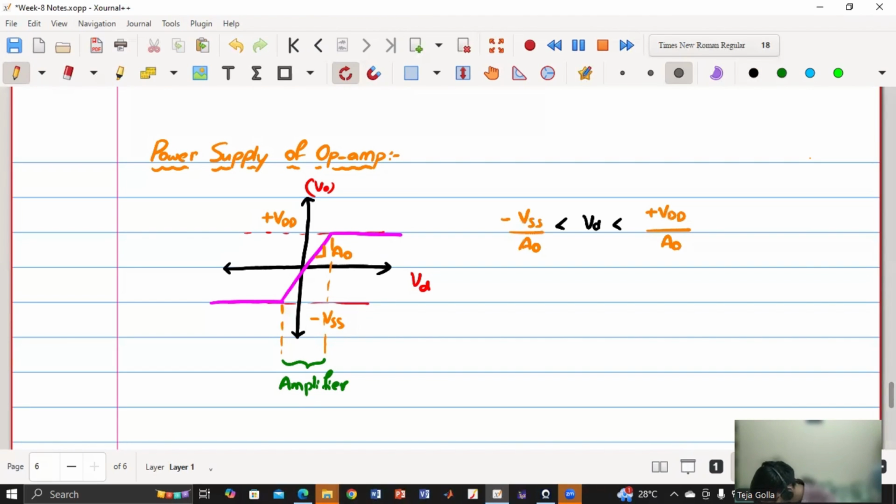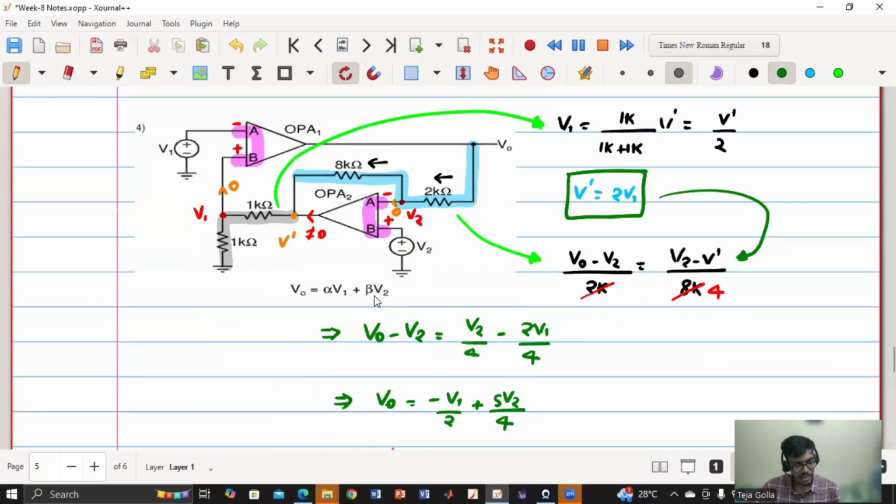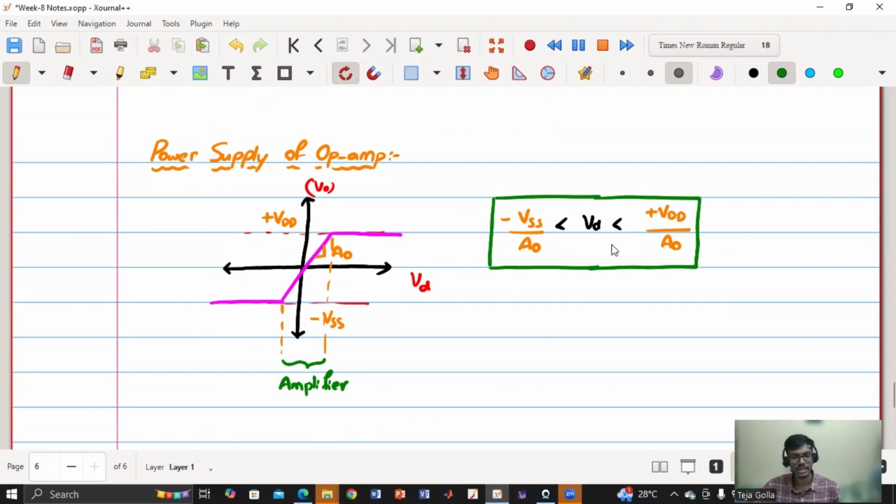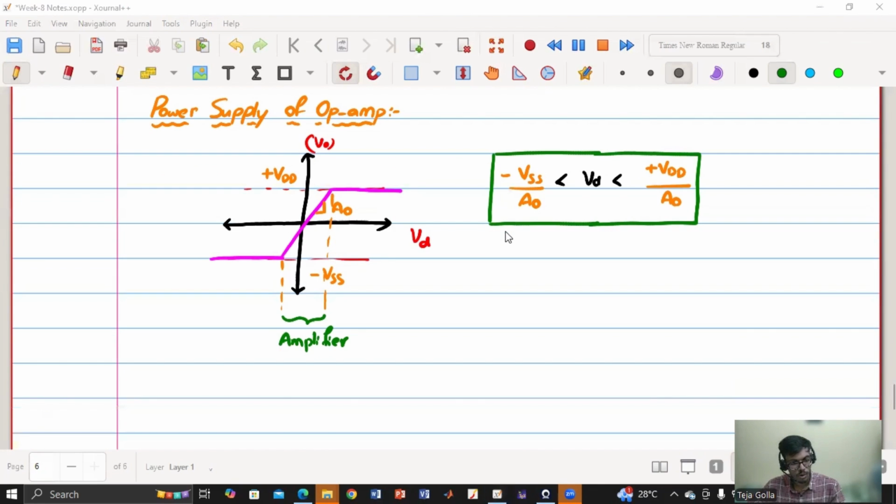If my VD is in this region, then it will be in the amplifier region. This is the condition we have to maintain at the input so that it will not get saturated. Agree? Now, if there is positive feedback, the disturbance will get amplified, the magnitude will keep increasing, and it will cross this, so the output will get saturated on either the positive or the negative side. Clear? Whoever has asked.